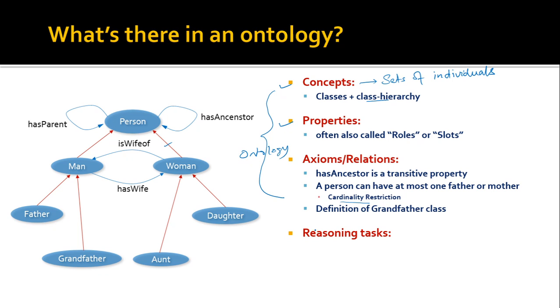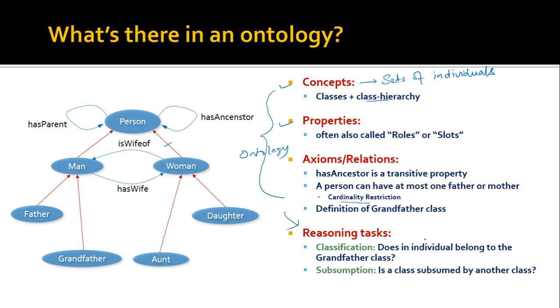Now if you have this, this is what you can do, right? We can say whether a given individual belongs to a particular class or not. For example, if I describe some properties of an individual and ask whether that individual belongs to the grandfather class or not, that reasoning task is called the classification task, right?